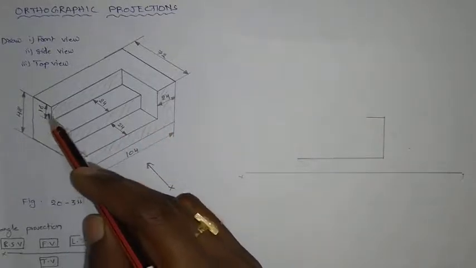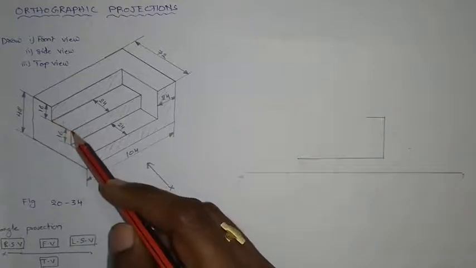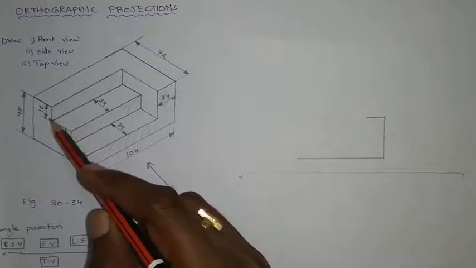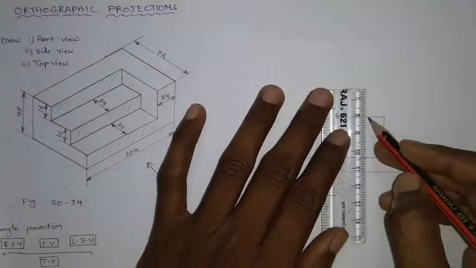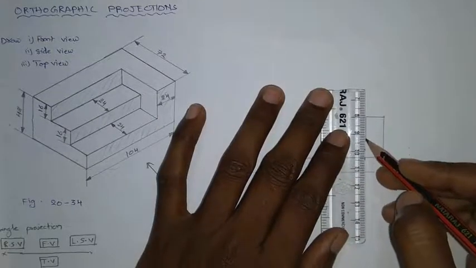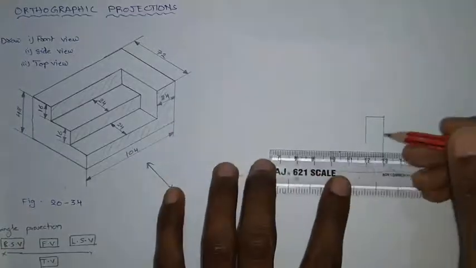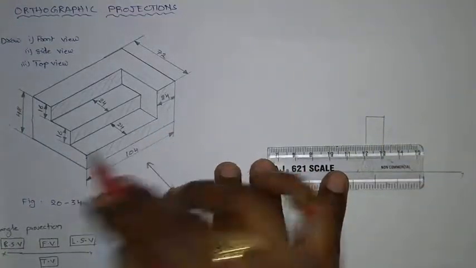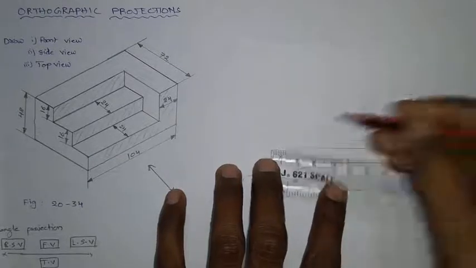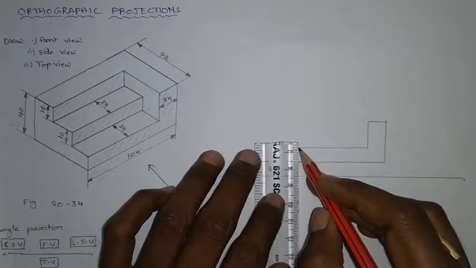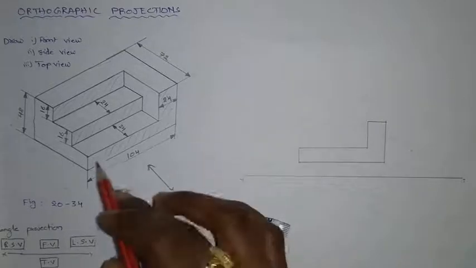Out of 48, this step length is 16 and this step length is 16. 16 plus 16 is 32, so this will be 32. And you can extend this up to here and join. So this portion is completed.